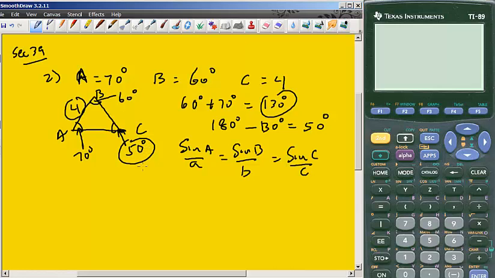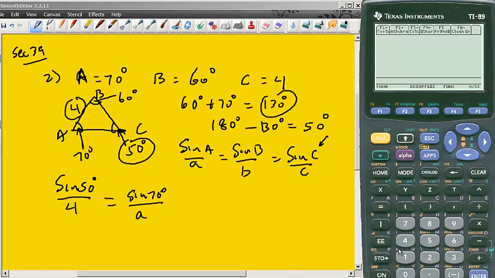So we say sine of 50 degrees, which is sine of C, is to side C, which is 4. That's equal to, and it doesn't matter which one we want to find, so let's find side A: sine of 70 degrees is to side A. Make sure your calculator is in degrees. So we're going to find sine of 50 degrees.